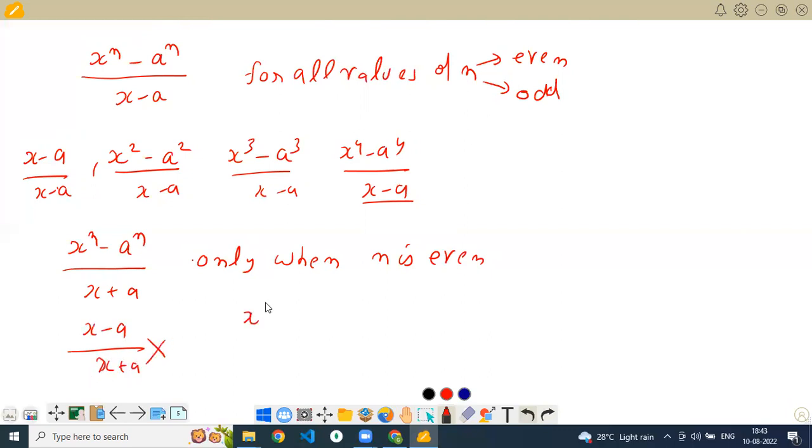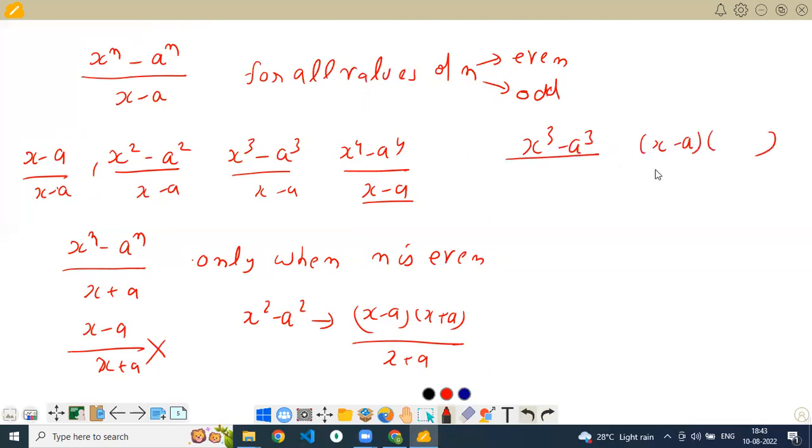But when you say x squared minus a squared, it can be factorized as x minus a into x plus a. So now this is, yes, divisible by x plus a. Similarly, x cubed minus a cubed can be factorized as x minus a and some expression, but there is nothing like x plus a. The factor x plus a is not a factor of x cubed minus a cubed. So this is not divisible by x plus a.